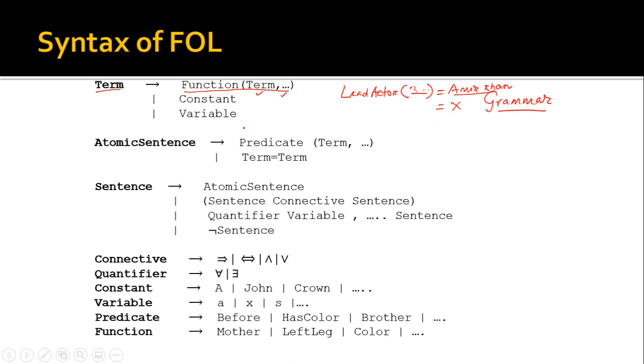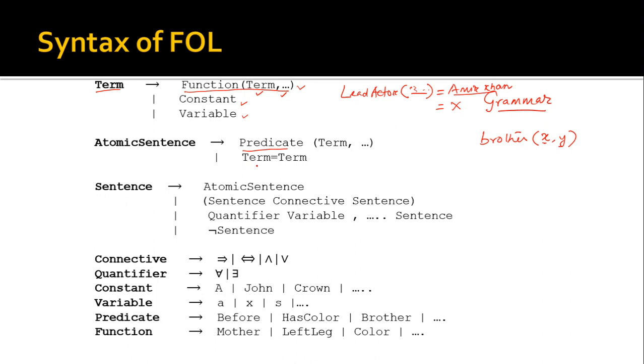It can be a variable. Now the atomic sentence can either be a predicate. We have already given the example of a predicate, like, say, brother X, Y. So X is a brother of Y, right? Again, these are terms. And by the definition, a term can be a constant, a variable, or a function also, right?